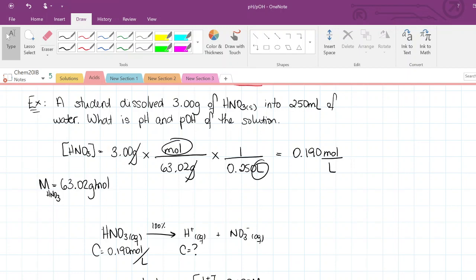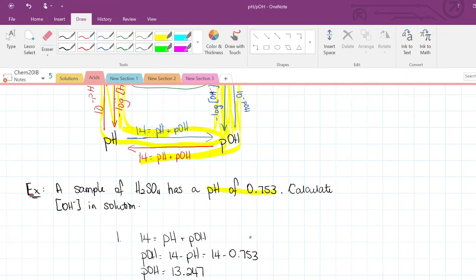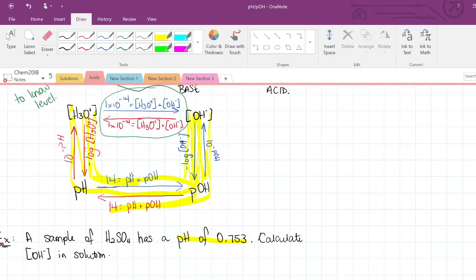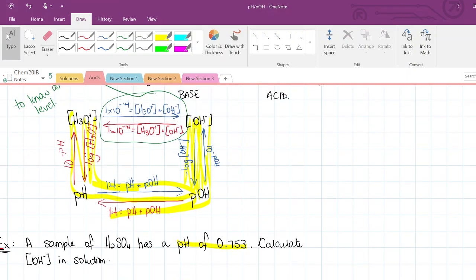Now, here's the kicker. This is the concentration of the HNO3. Fantastic. But unfortunately, that doesn't help us because if you look back at our formulas, all of our formulas deal with log of concentration of hydronium ion or hydroxide ion.